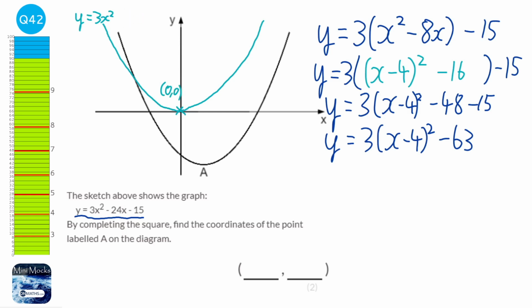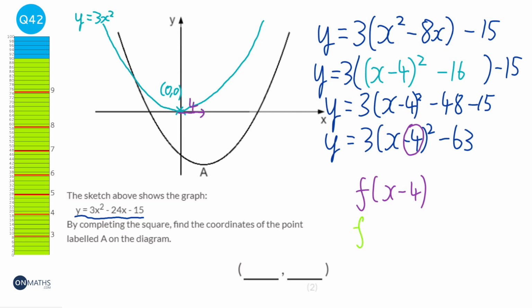then the situation we've got here is f of x minus 4, okay, because we've got the minus 4 there. So that means it will move to the right 4, and we've got to worry about that minus 63 as well.